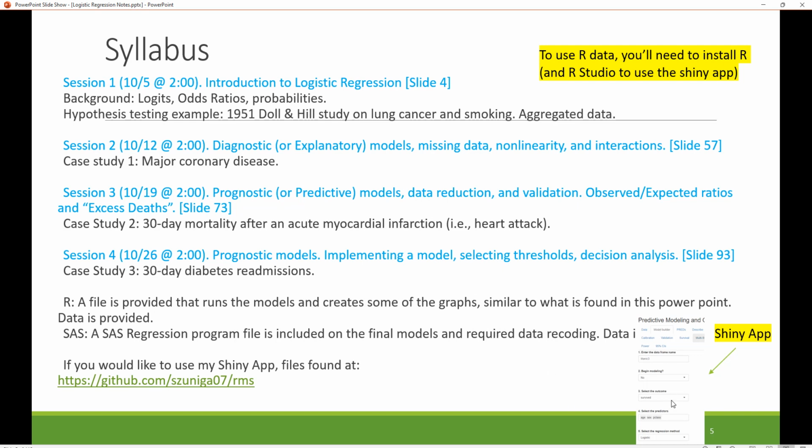On the right, just to give you an idea of the Shiny app, it's a graphic user interface, so a lot of drop-down boxes and yes/no options or boxes as well. That's what it looks like on the far right at the bottom.